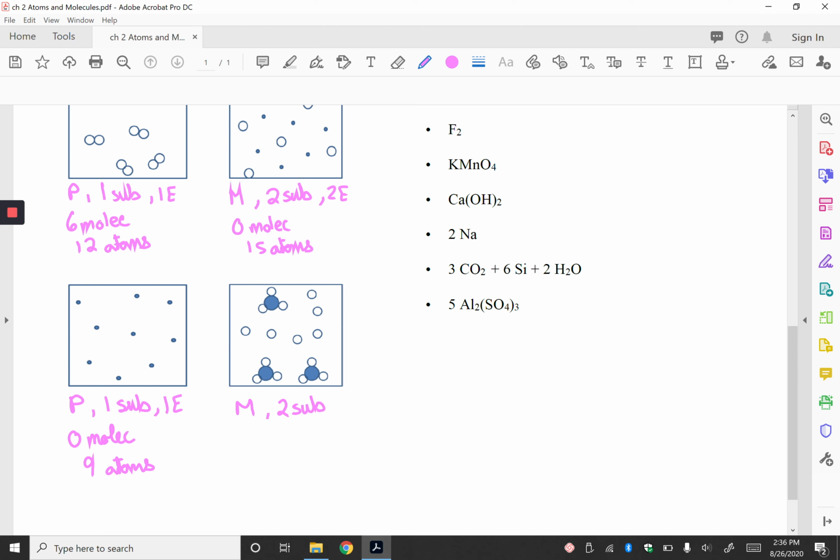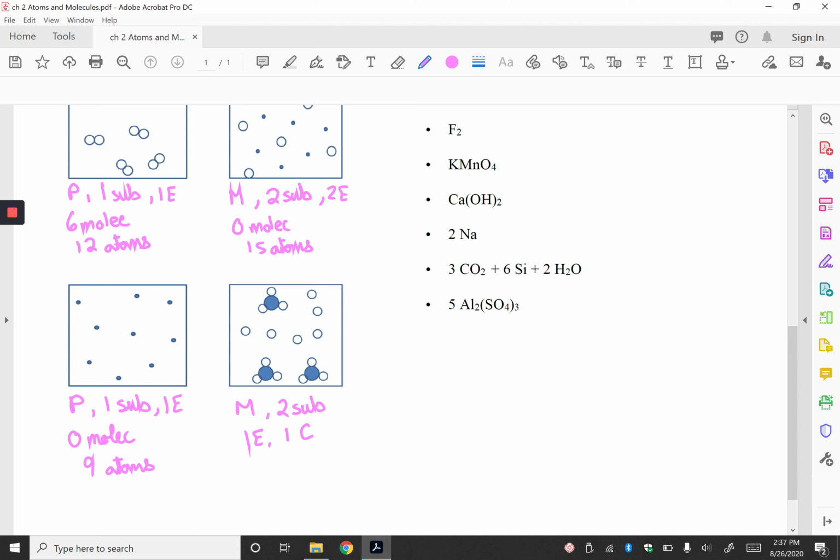Are these 2 substances elements or compounds, or one of each? So this substance looks like it's a compound. You have 2 different elements bonded together, right? But this looks like an element. So in my substances, there's 1 element and 1 compound.